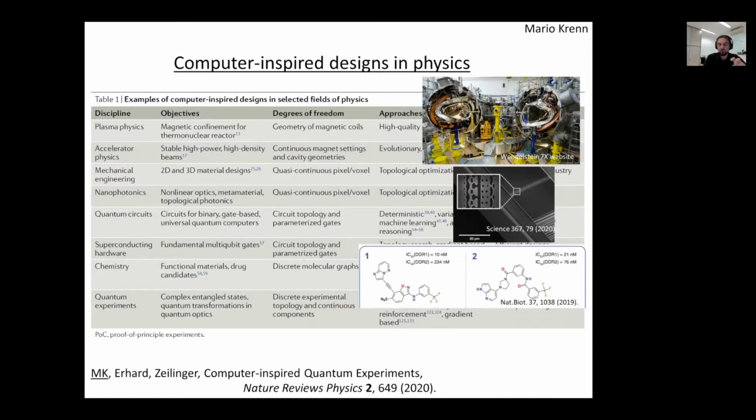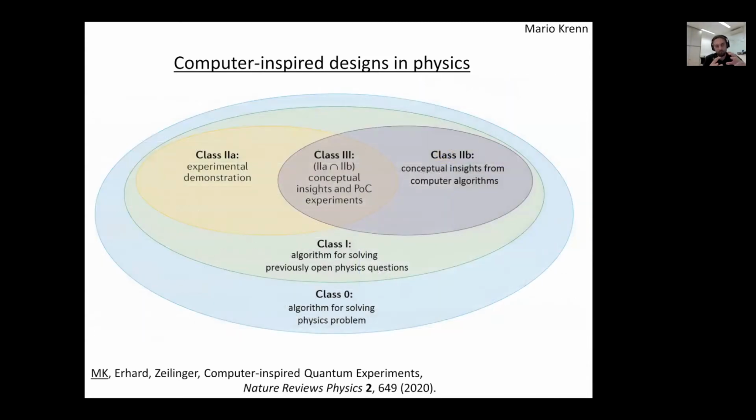So here we'll focus on computer design methods for quantum experiments. To set this research and the goal into a context and to see where we can go in the future, we can classify the current maturity, roughly, of computer algorithms into several classes.